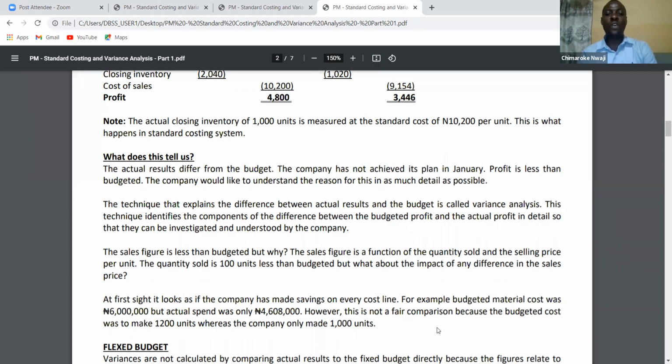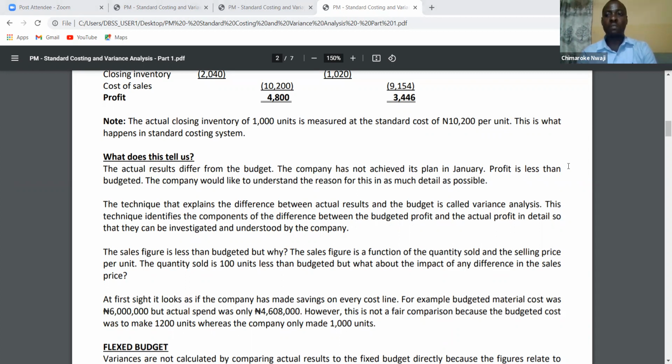Since we have an unfair comparison, there must be a way to make everything fair so that comparisons can take place. And so the only way to make it fair is to introduce what is called a flexed budget.